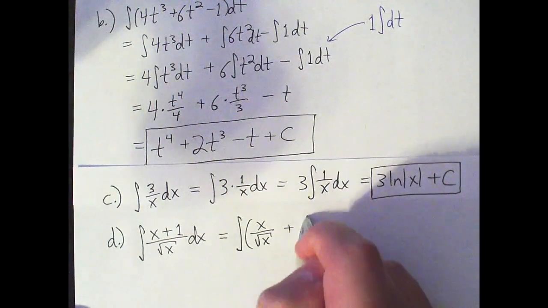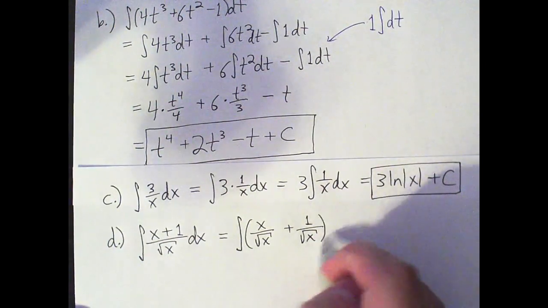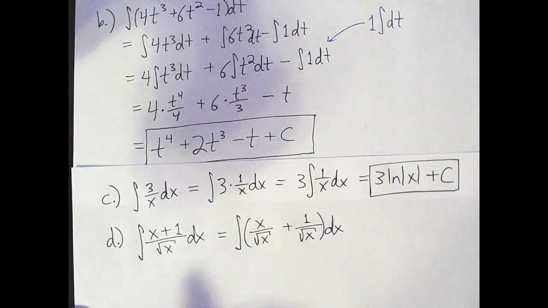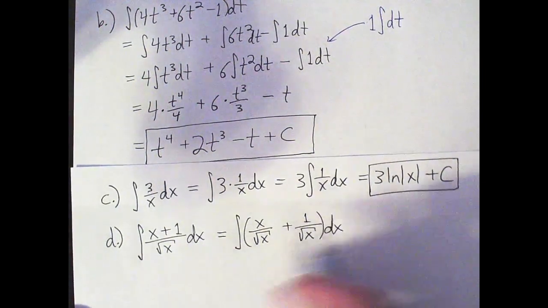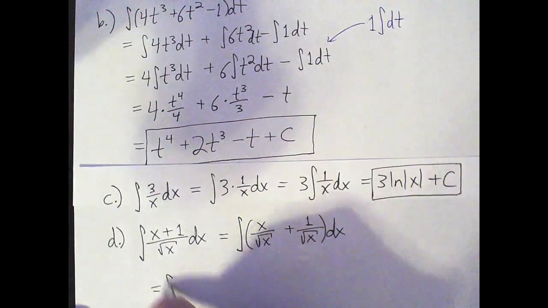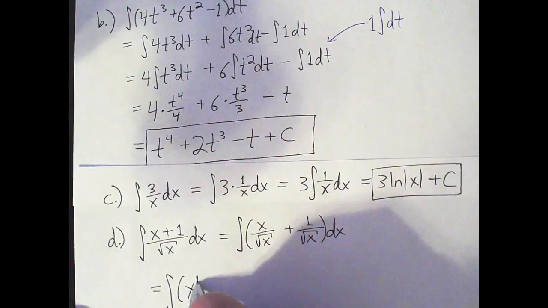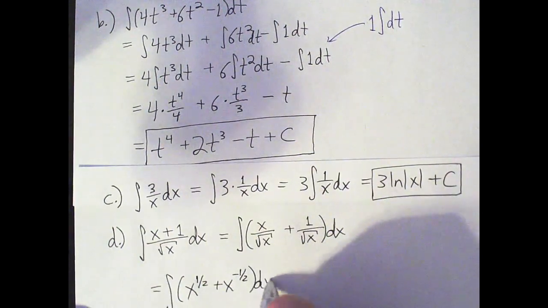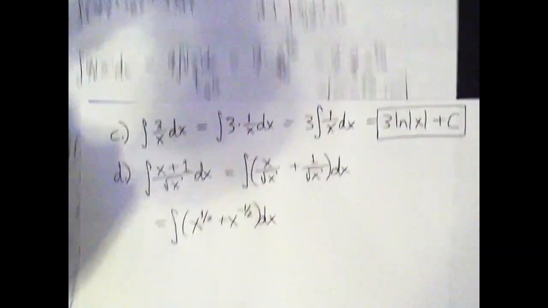Yeah, you could write it like this. Split it up. It's only one thing in the denominator, so we could split it up. And then maybe you even figure out that this equals x to the 1/2 plus x to the negative 1/2. And now we can just use the rule that we have for x to the n.